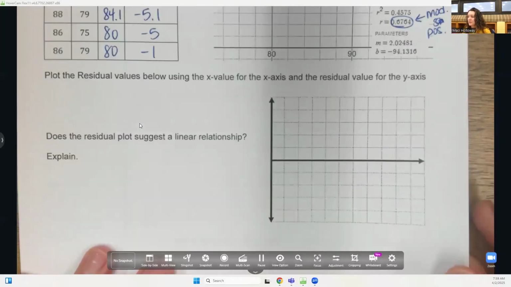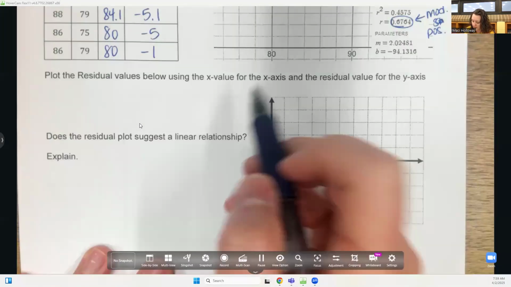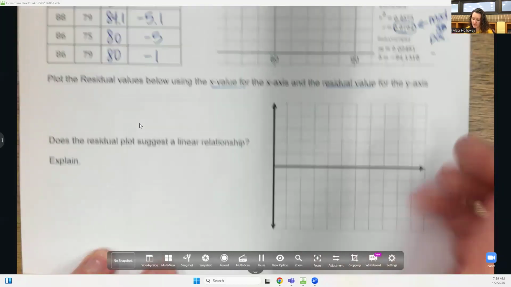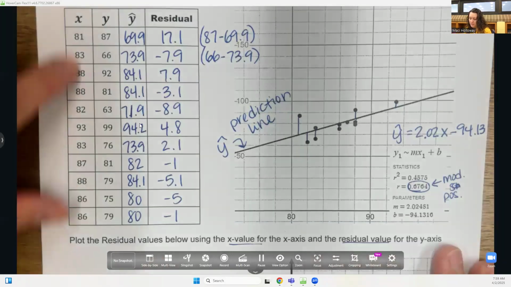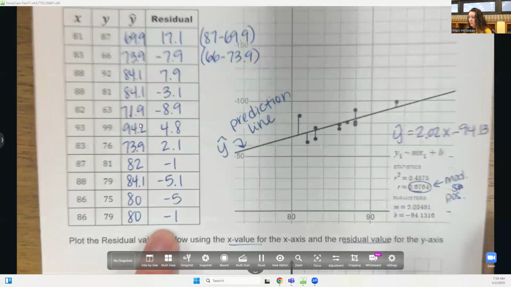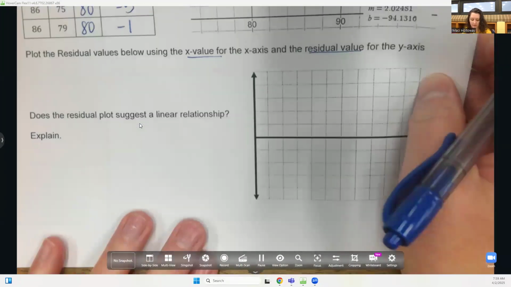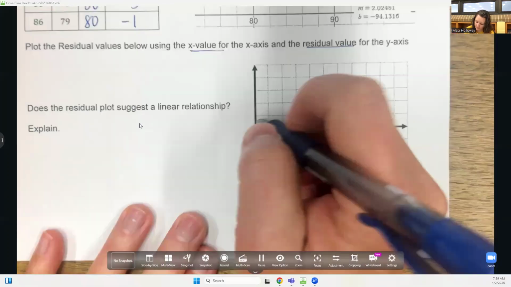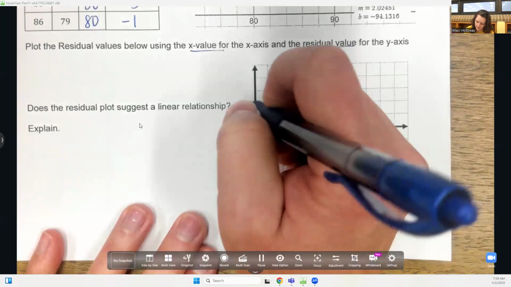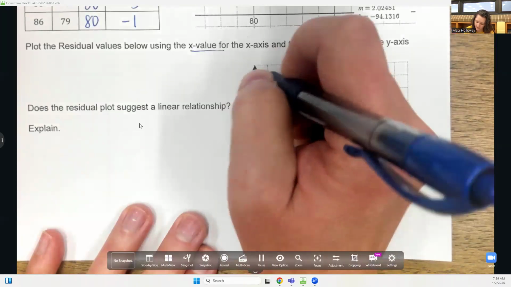So we're going to plot the residual values below using the X value for the X-axis and the residual value for the Y-axis. So our X value is going to be on our X-axis, and our residual is going to be our new Y value. And so let's plot this here. I've put this out by 3s: 3, 6, 9, 12.